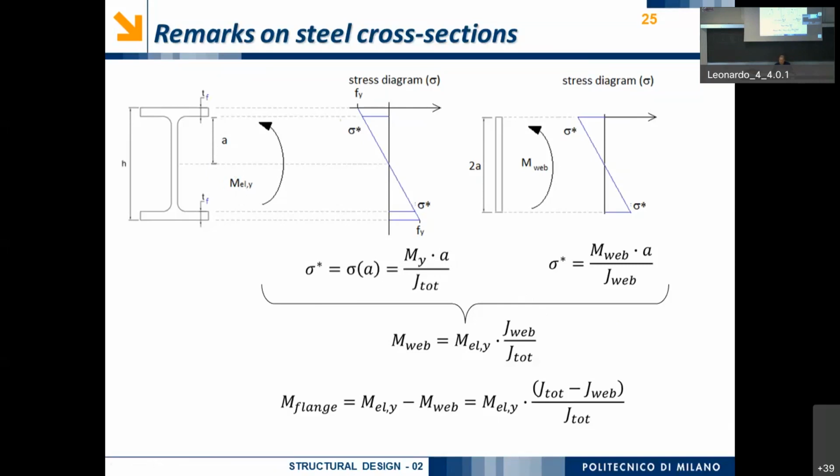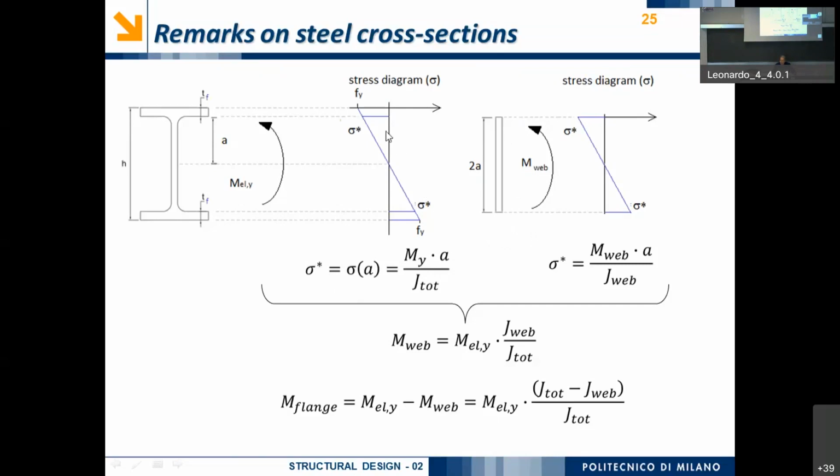And we also know from a standard table the value of the moment of inertia. Now I have evaluated sigma star by considering the entire cross section. But now I would like to evaluate again the value of sigma star by considering just the web.